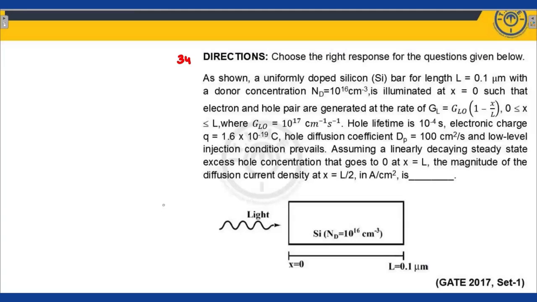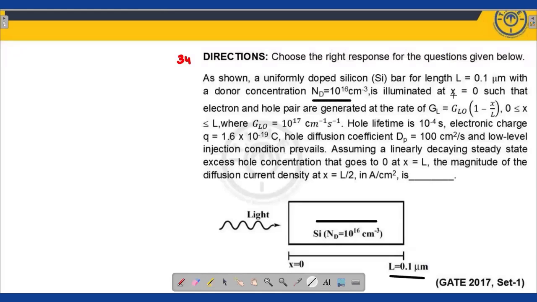This is a uniformly doped silicon bar of length 0.1 micrometers with a donor concentration Nd, illuminated at x equal to 0, such that electron and hole pairs are generated at the rate GL.